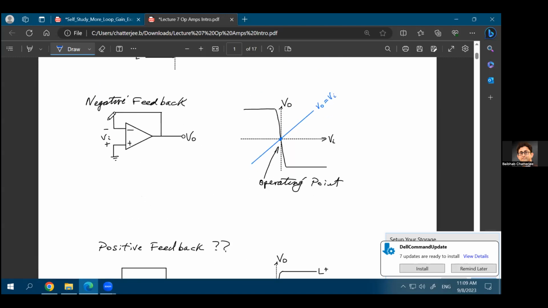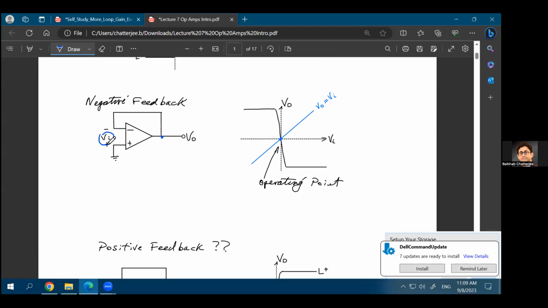Now, if you apply a negative feedback to the op-amp, what happens? Let's assume that you take the voltage at the output and provide it back to the negative input. And let's say you have a positive VI at the positive input side. So what's VI?